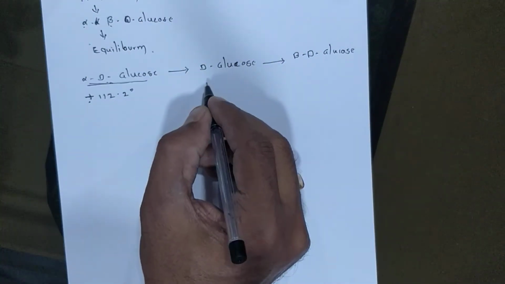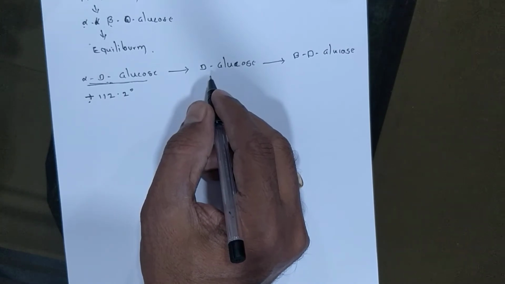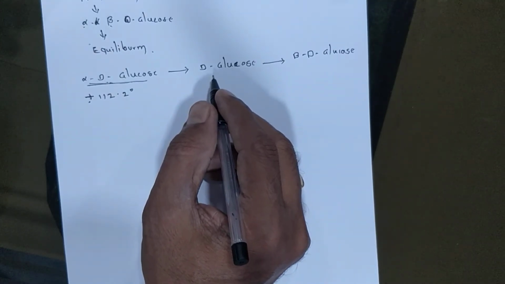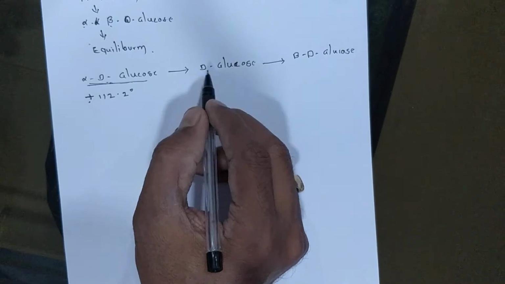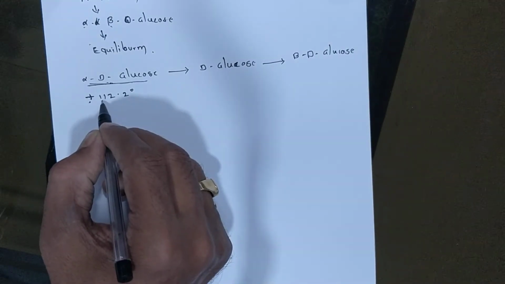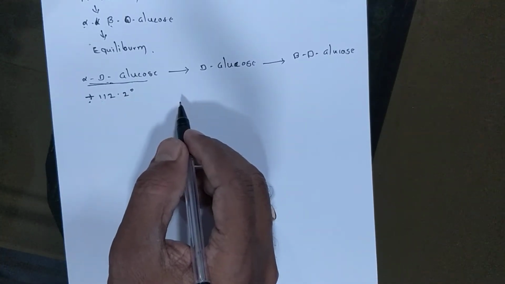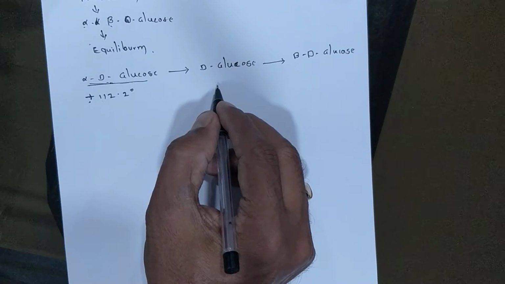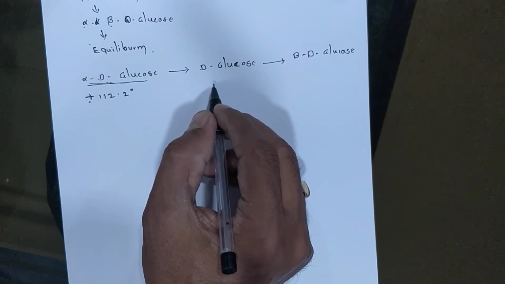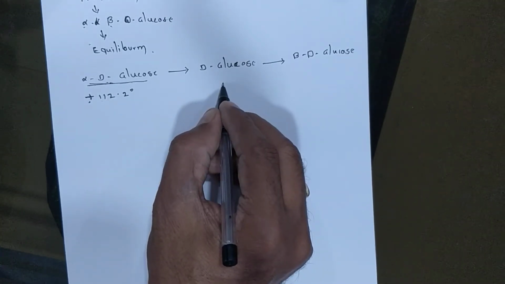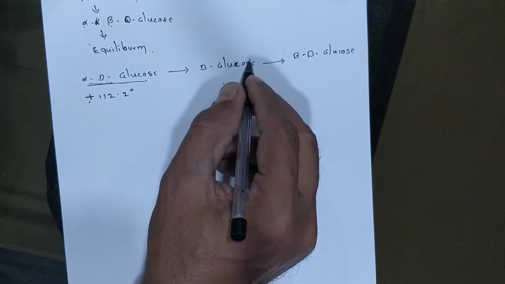Now here is a freshly prepared alpha D glucose solution. The specific rotation shows 112.2 degrees, gradually changes and attains equilibrium.